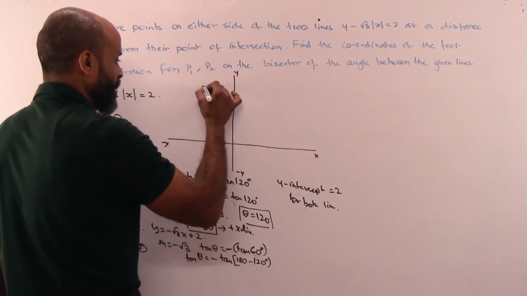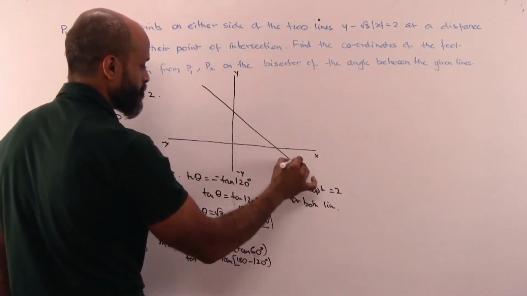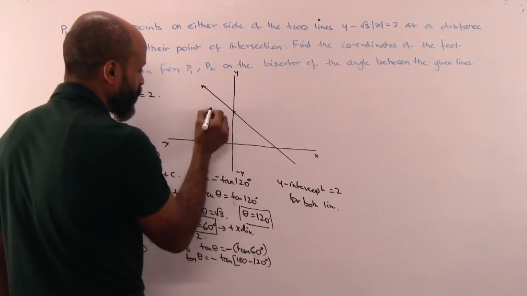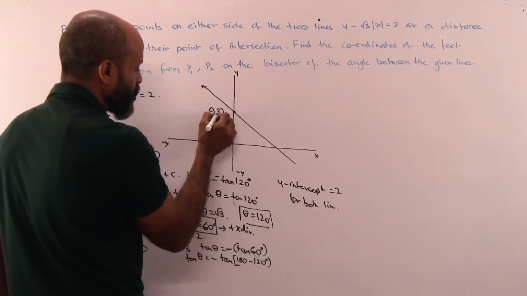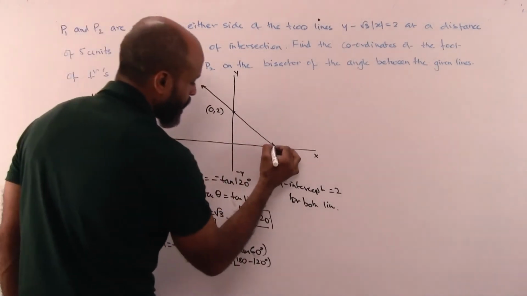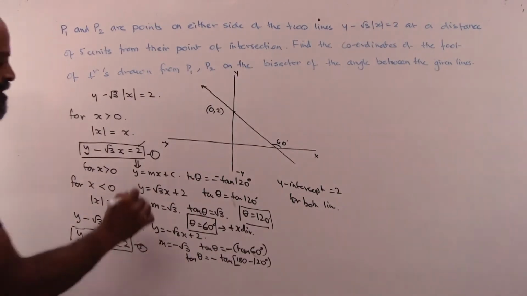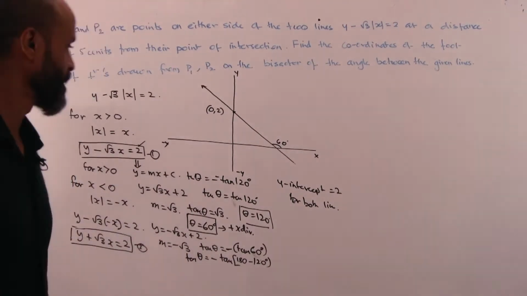Let's say one line goes like this. This y intercept will have coordinates (0, 2), and this line is making an angle of 60 degrees with the positive direction of the x axis. Is this visible? Okay.